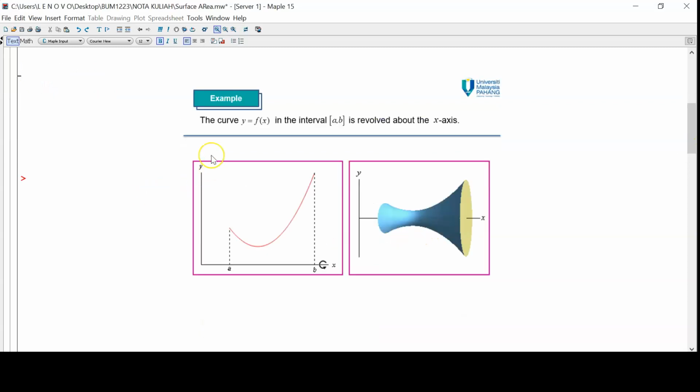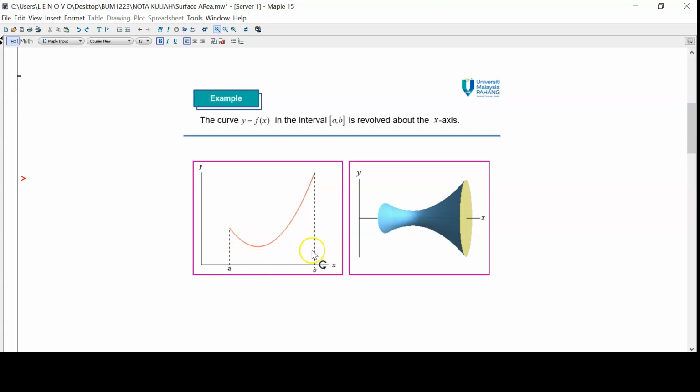For example, you have a curve y equal to f(x) in the interval [a, b] revolved about the x-axis. Previously, when we learned about the area below the curve, if we calculate the area bounded by the curve and the x-axis, we find this area.